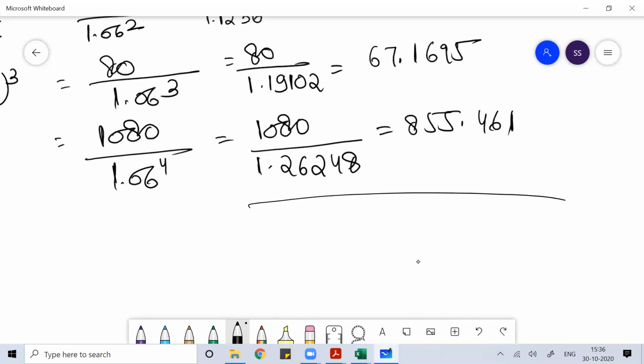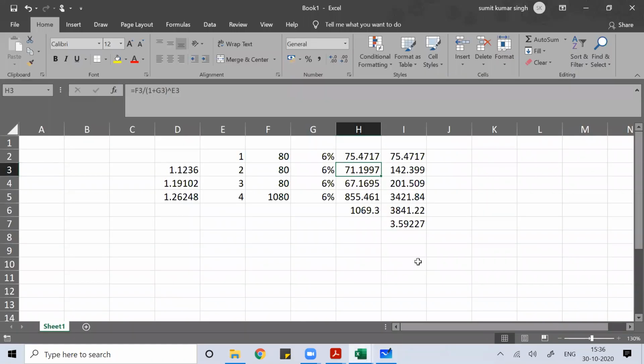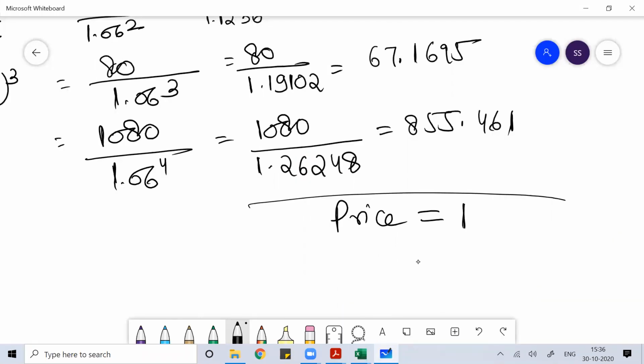If you do the sum of them, you'll get the price. The price is 1069.3.